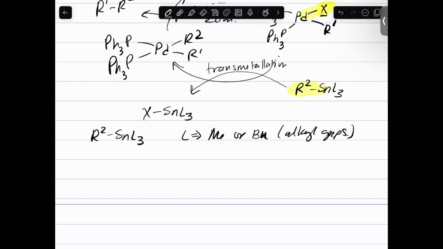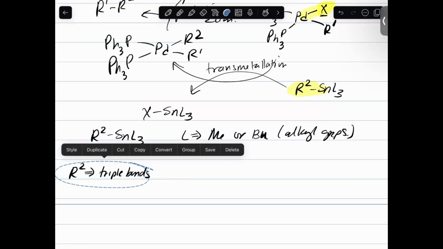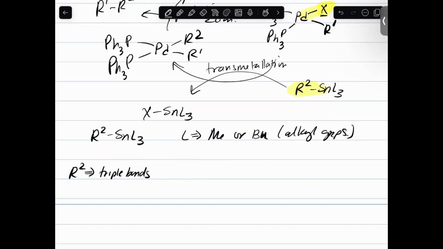And that's really just because these alkyl groups and tin are forming such a strong bond. Now, the R2 group that gets transmetallated or transferred onto the palladium are typically triple bonds. Let me write this out and move it over here. And the reason I just moved it is because triple bonds are faster to transfer to the palladium.